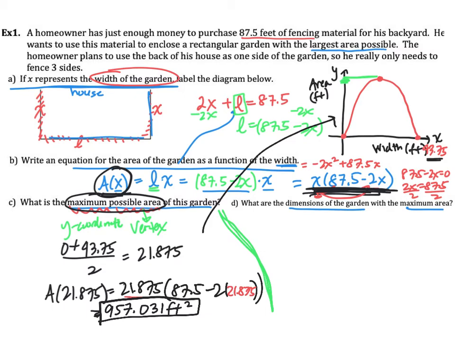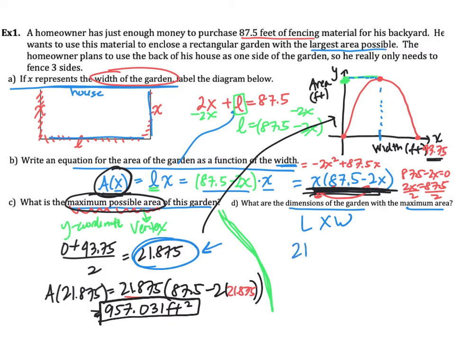Oh, sorry, I had to squeeze all of this onto one page so I could answer all the questions. So the second, letter D, says, what are the dimensions of the garden with the maximum area? Well, dimensions are your length and your width. Right, so what do we already find? We found the corresponding width that is in association with the maximum area.